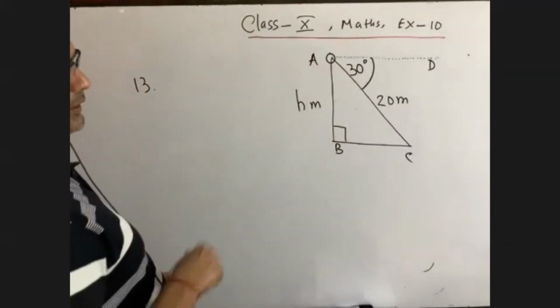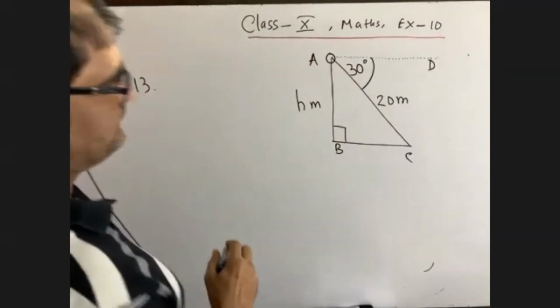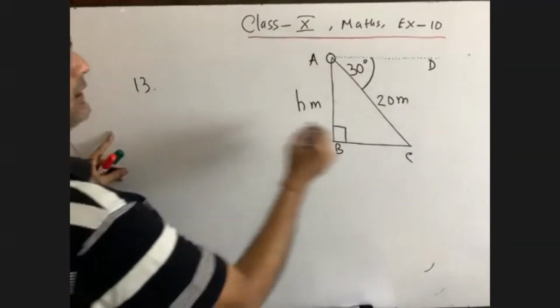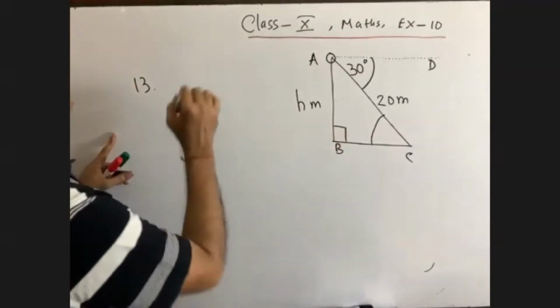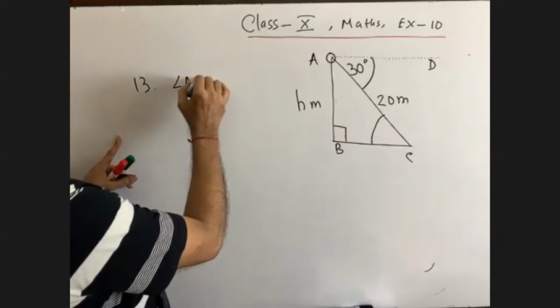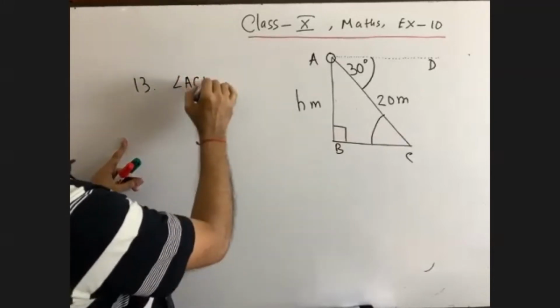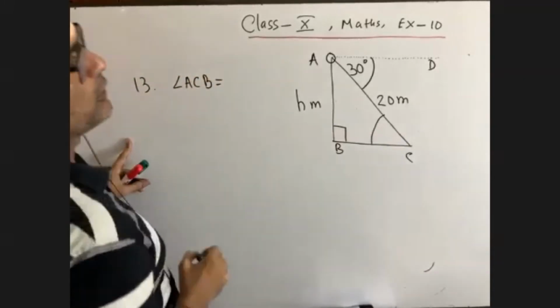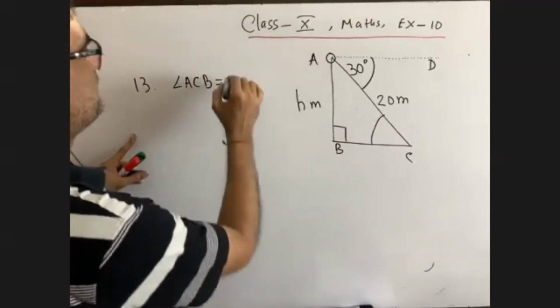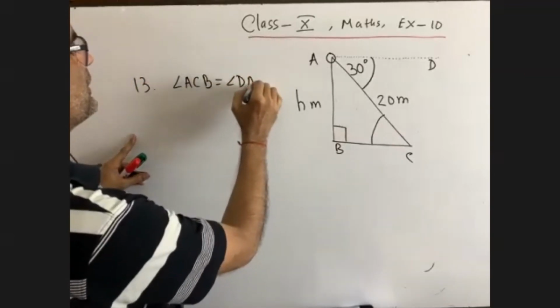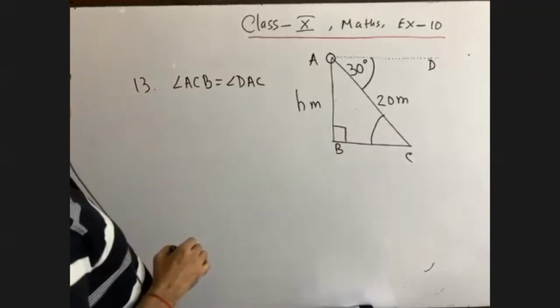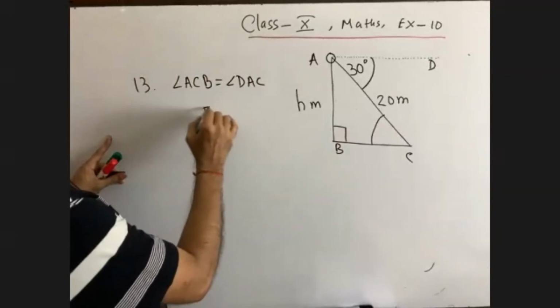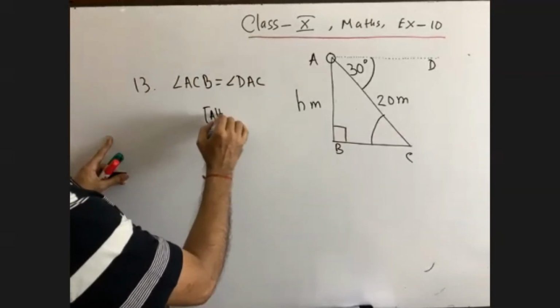Now you see, angle ACB is equal to angle DAC. Why are they equal?